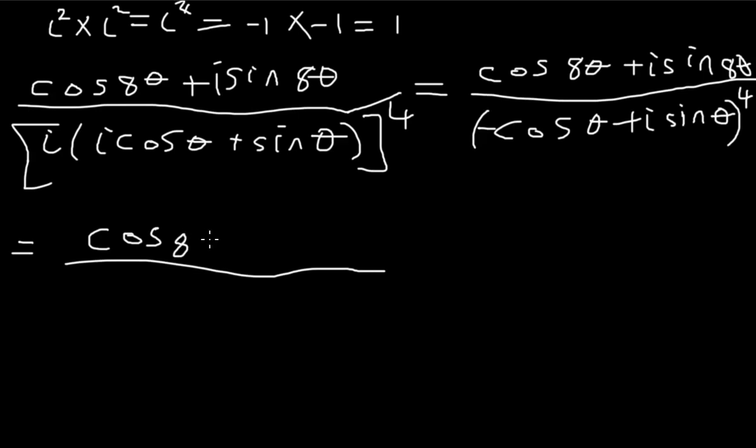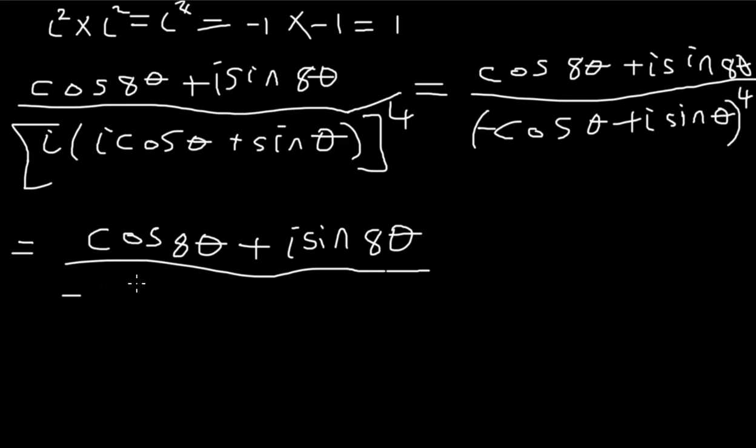So this is going to be cos 8 theta plus i sine 8 theta, and now let's change this negative to positive. So the way it is like this, I'm going to write the negative like that.